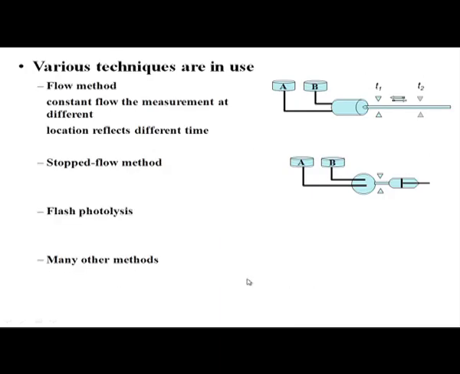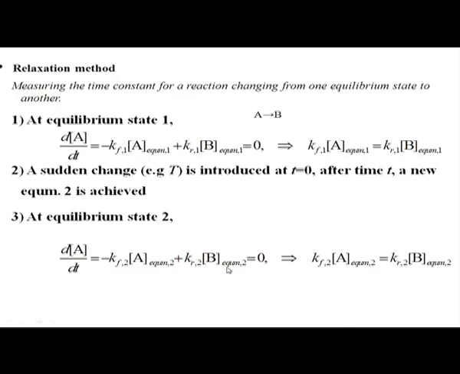So this method relies on how fast you can perturb. This is another useful method, the relaxation method, like the other methods I talked about. It is a very useful method, but it relies on how fast you can perturb your system.